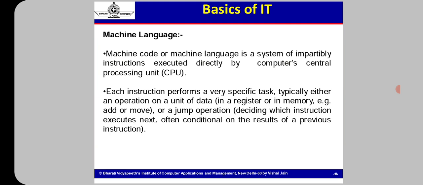Generally, current passed is represented with a one value, and current not passed is represented with a zero value. And each instruction performs a very specific task, typically an operation on a unit of data in a register or in memory.